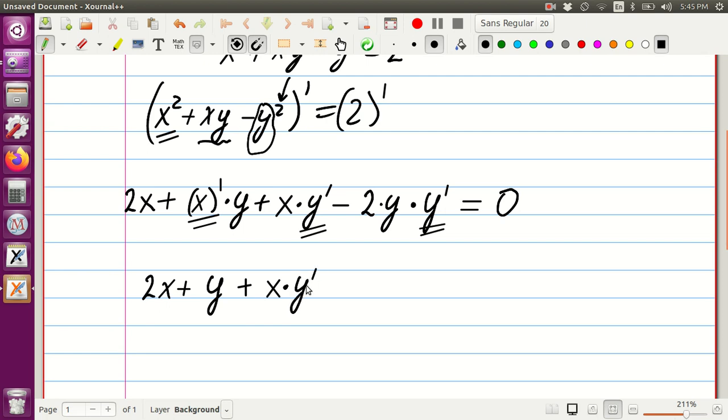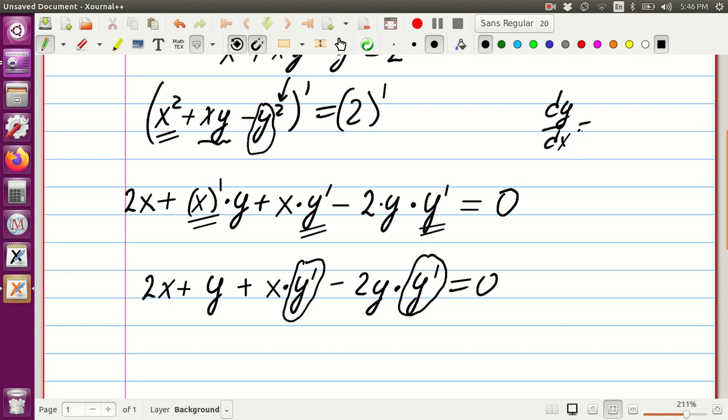Here we can't really calculate the derivative because we don't know the function y, and we have 2y times y prime equal to 0. What are we trying to find? We're actually trying to find the derivative of y, right?